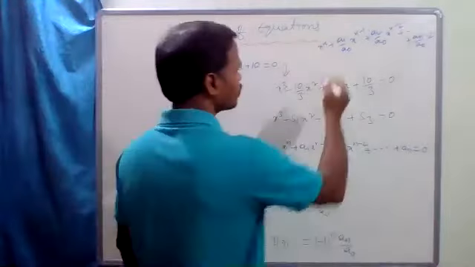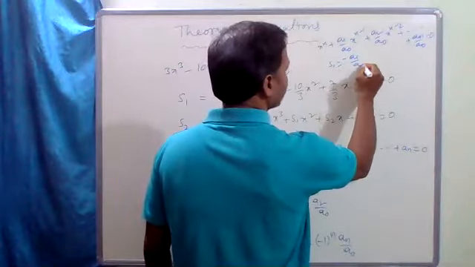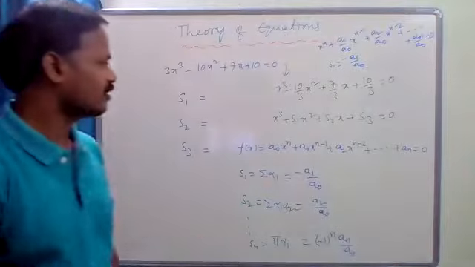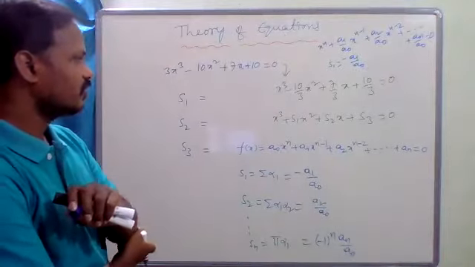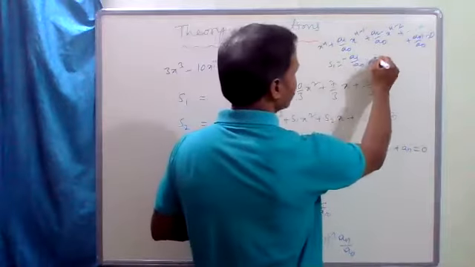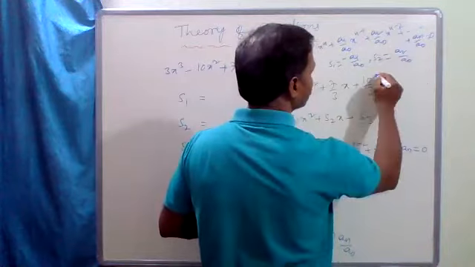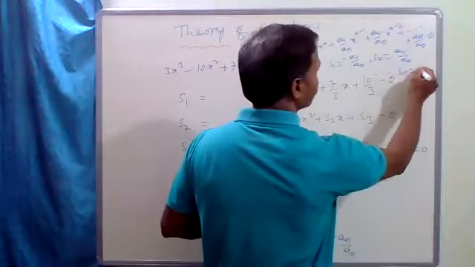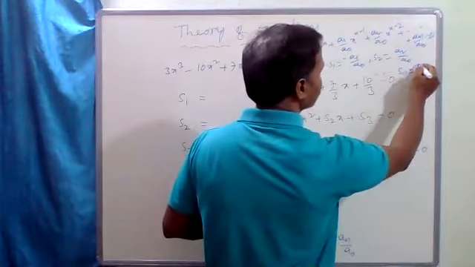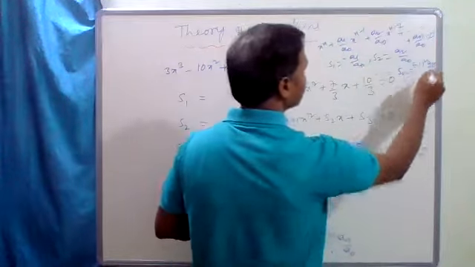Now here S1 equal to minus a1 by a0. So in this case, S2 equal to a2 by a0. So on, Sn equal to, what you have to write? Minus 1 power n an by a0, like this.